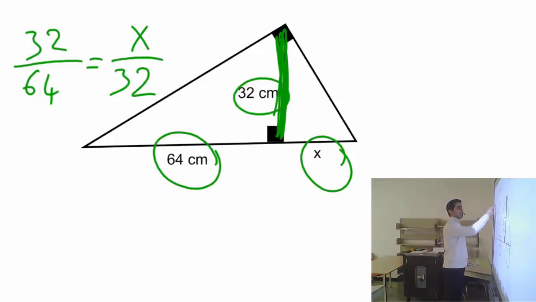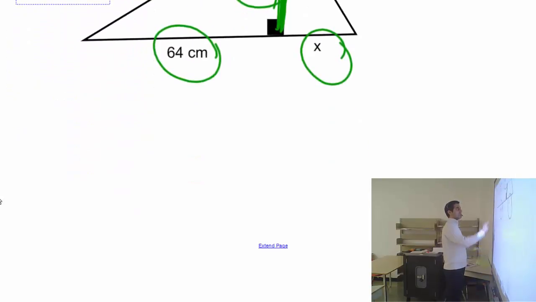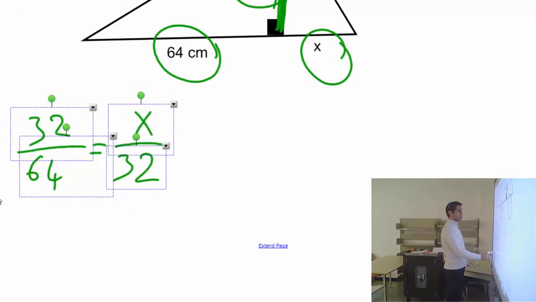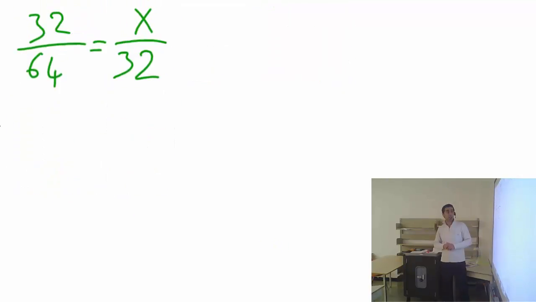And so let me just take this down and I'll just work on it where I have more space. Now all I have to do is, I want to know what the x is. I used to do the cross multiplications, right? But now things are a little bit different.